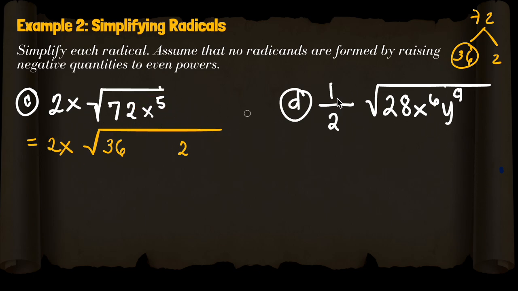Wait, let me erase this. Let's factor x raised to 5 a bit. When we split it up, when we factor, there should be a perfect square number. Can we use 2? What can we multiply with 2 to get 5? We would add 3. Is that possible? Is there a perfect square there? There is no perfect square number there. The next number is 4, 4 times 1.